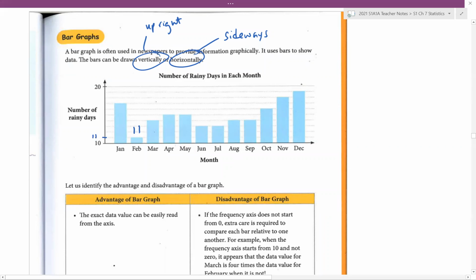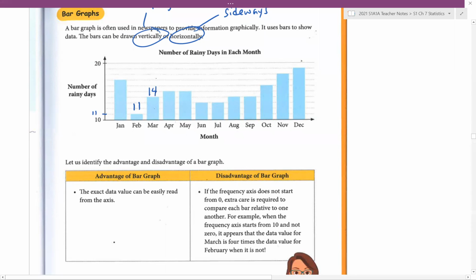So this is 11, huh? What about in March, how many days? Yuri, how many days raining in March? How many? 14.